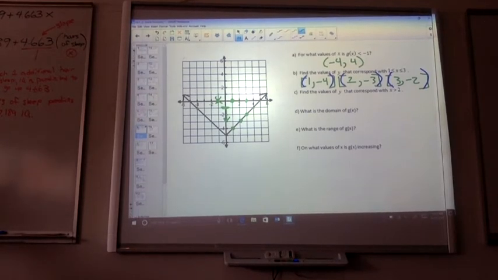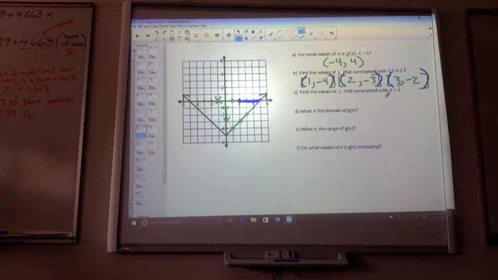Find the values of y that correspond with our x being less than 2. Is there a whole bunch? Oh, wait. Gosh, quit sniffing paint. It's greater than 2. Jeez.